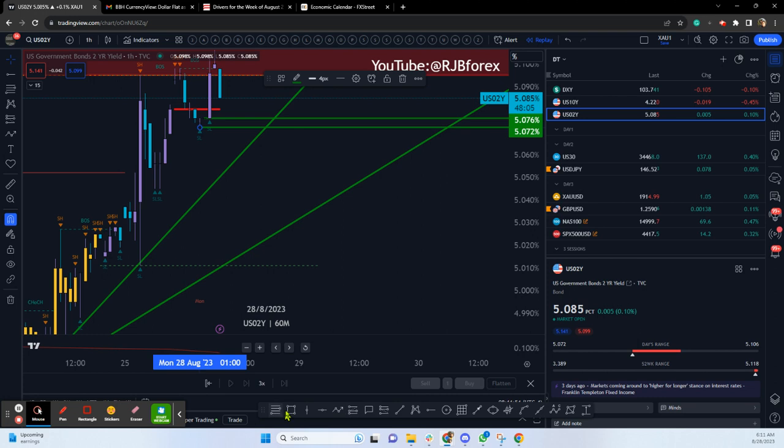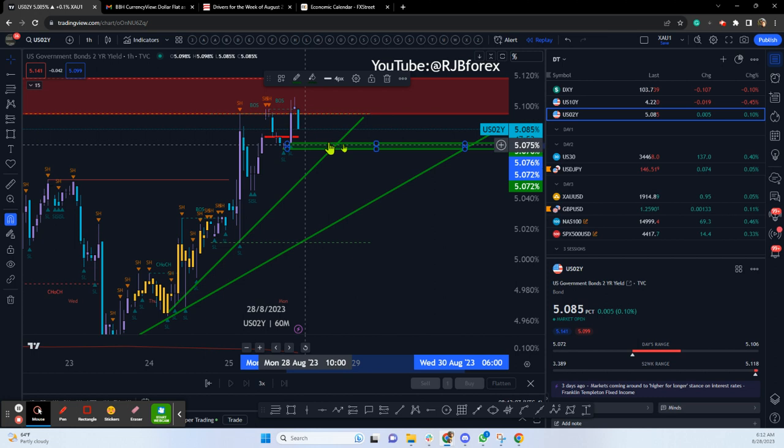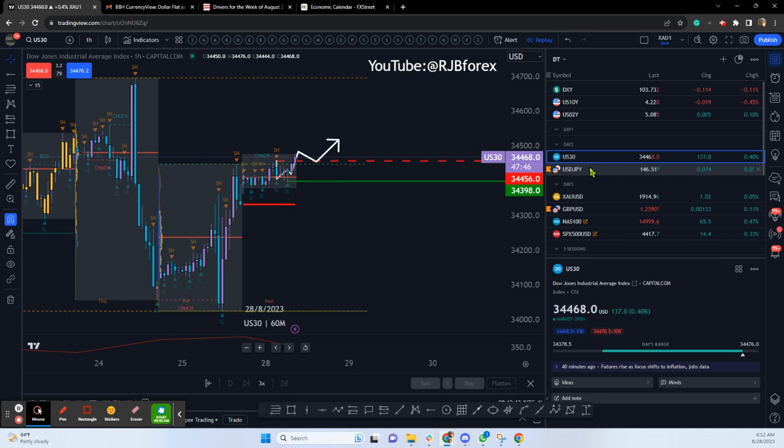This area really on this 2 year. So a break below that area of support would do us wonders for going long the indexes, short dollar yen.